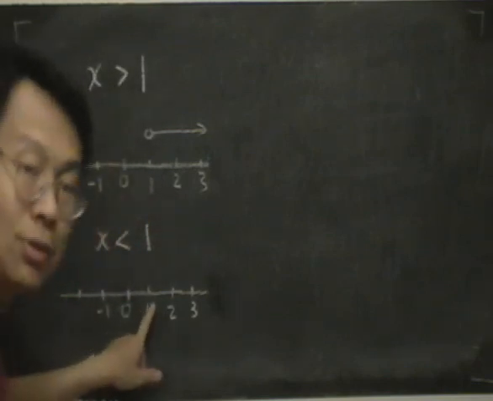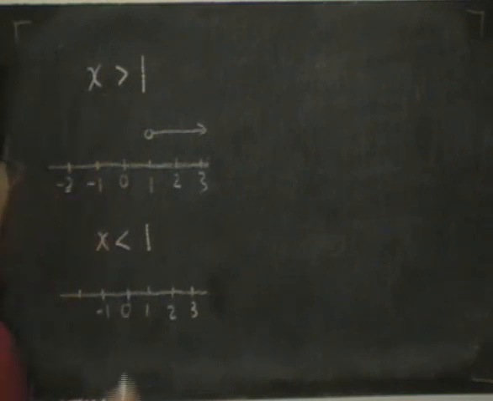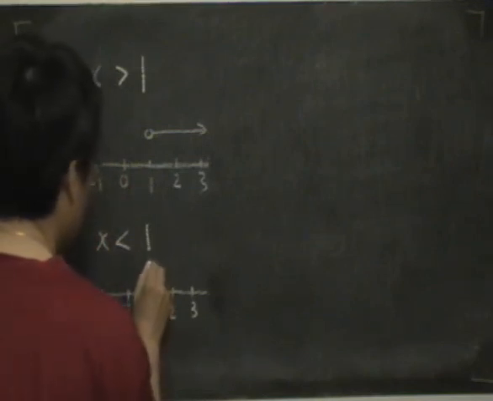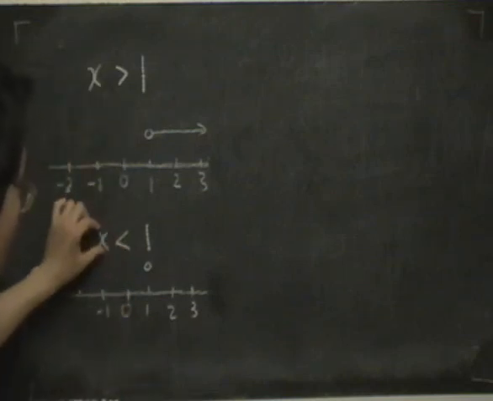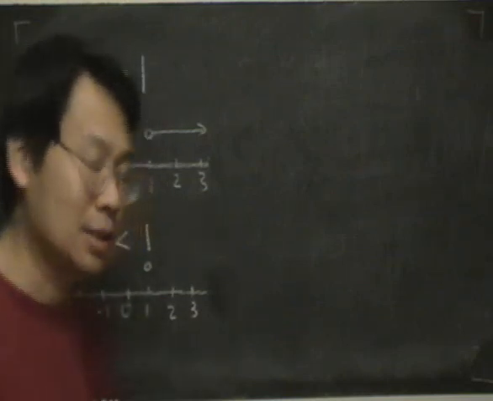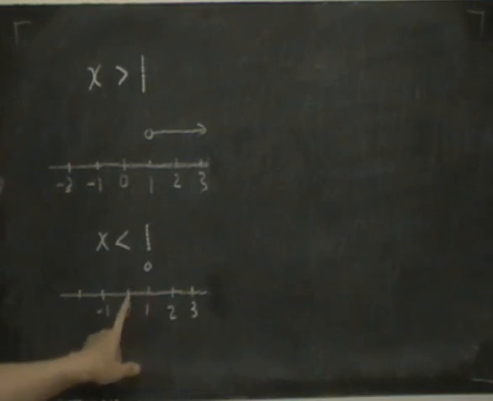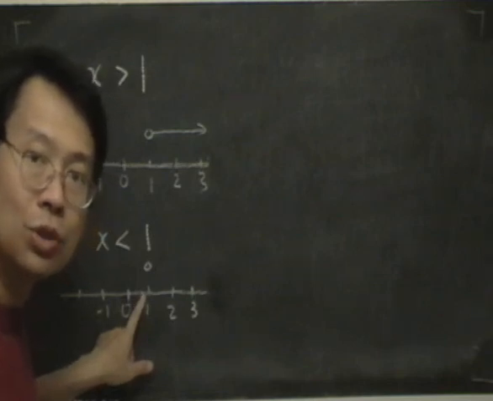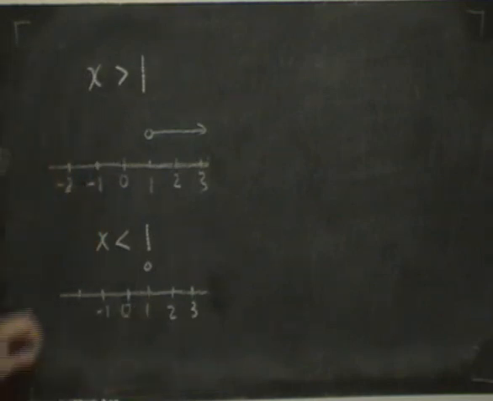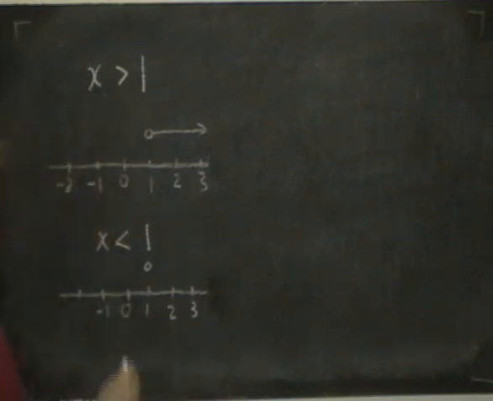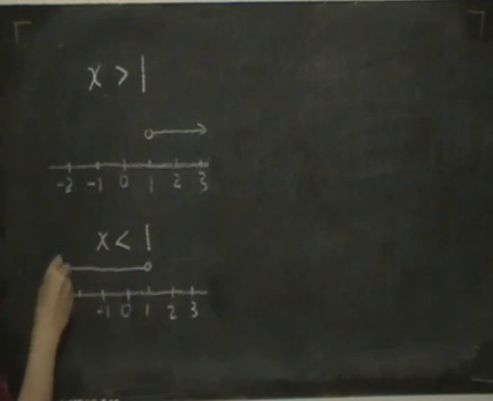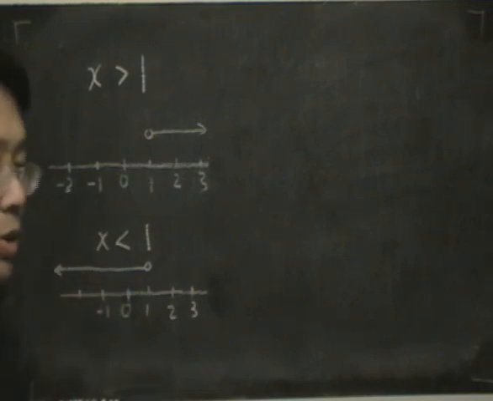So let's go to the 1, and draw a little circle on top of the 1. Now, x can be any number less than 1. So it can be 0, minus 1, minus 2, and so on, or it can be half, just any number less than 1. So to represent these possible values of x, I would draw a line over those values.